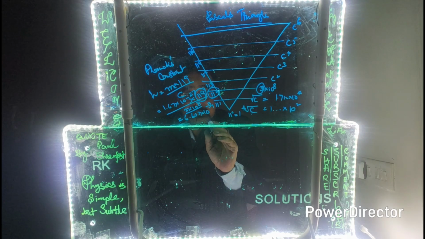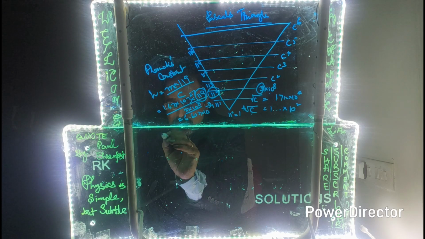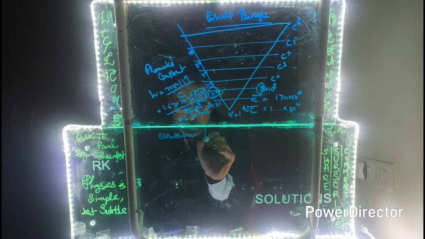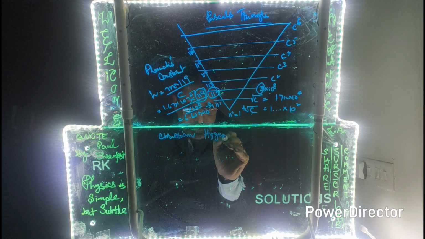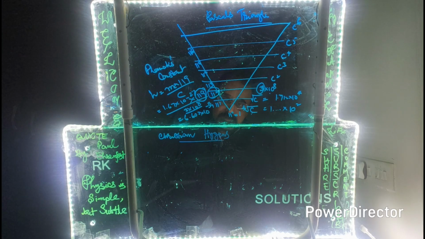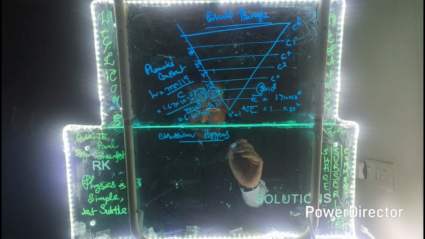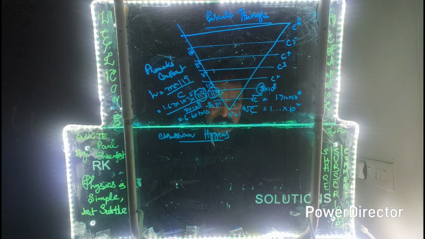In a similar way, there was one scientist called Christian Huygens. He was a Dutch scientist. I have a connection with the Dutch because I worked there for 3 years in Amsterdam and Utrecht. Whenever I see a Dutch scientist, I feel good.